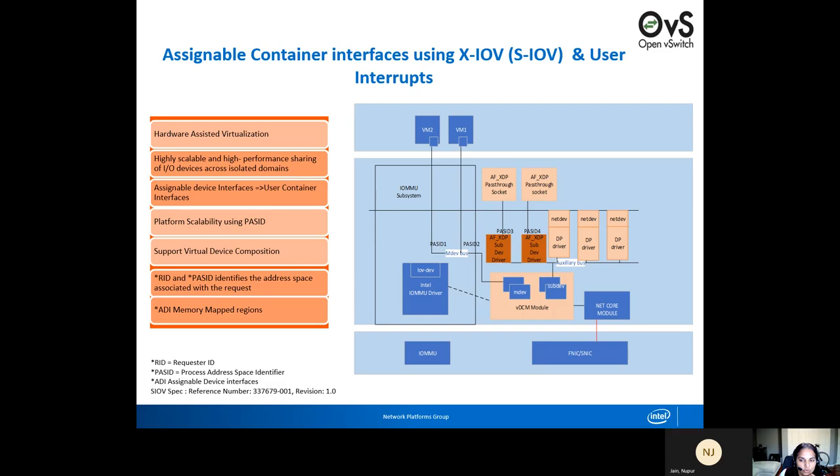And so the proposal here is that the boxes in orange that are shown here, there are some enhancements in software needed to take advantage of both the platform virtualization capabilities as well as the hardware's ability to classify more deeply.